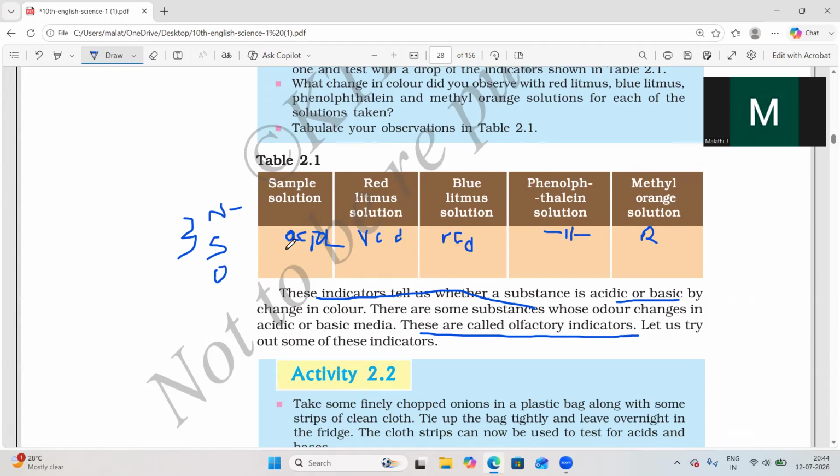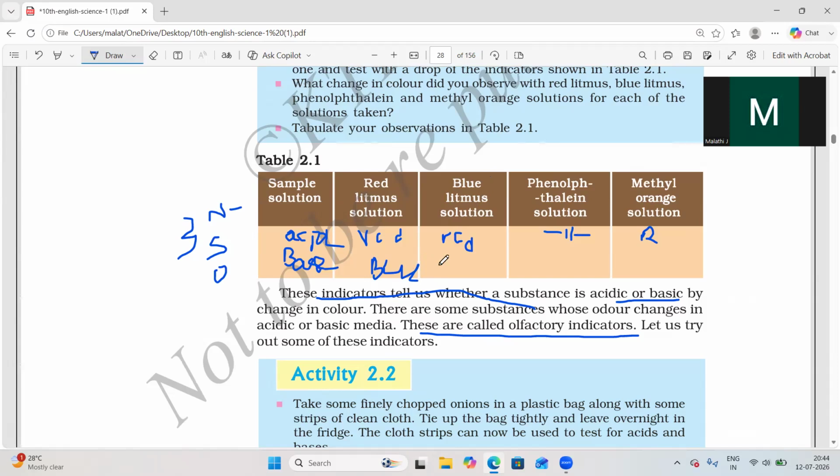Then you take a sample solution that is a base. What will happen if you take red litmus? Red litmus turns blue.